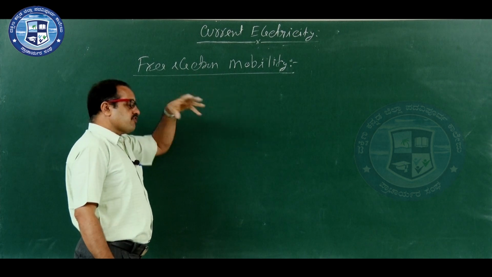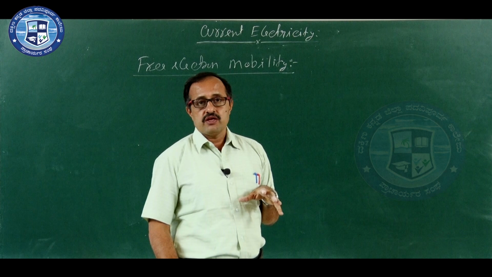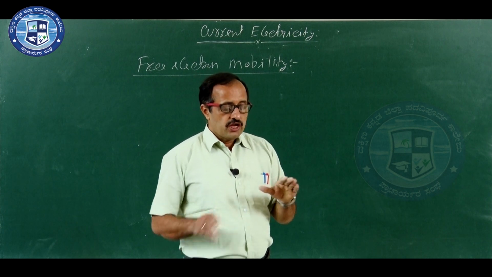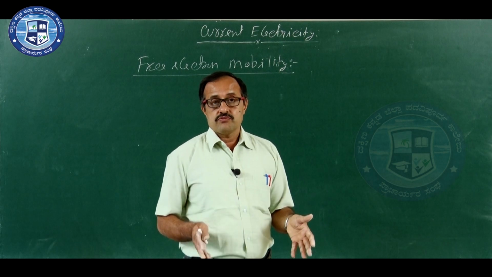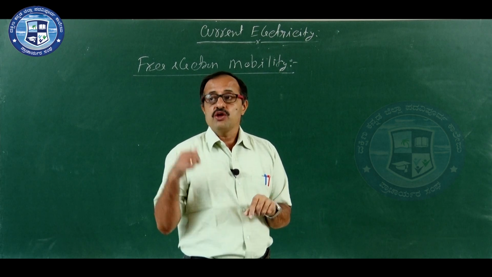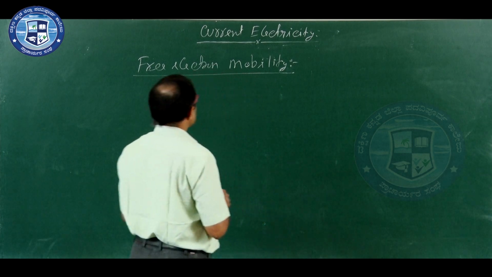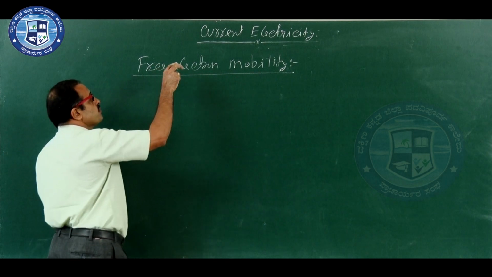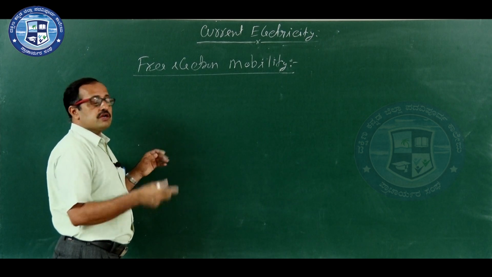Now, you may ask, resistance is there to explain, higher the resistance more difficulty, then why is this required? Yes, resistance is the macro value, bulk value, but microscopically it is free electron mobility. So, what is the meaning of free electron mobility? Free electron mobility is the easiness with which electrons are moving inside the conductor.